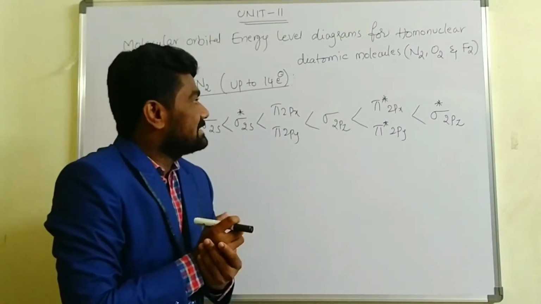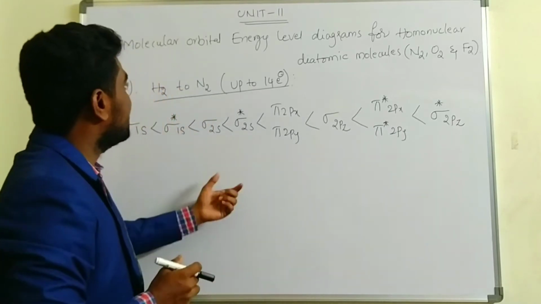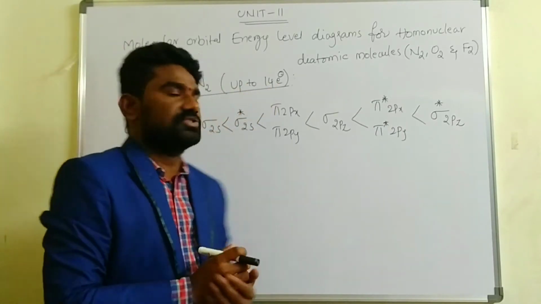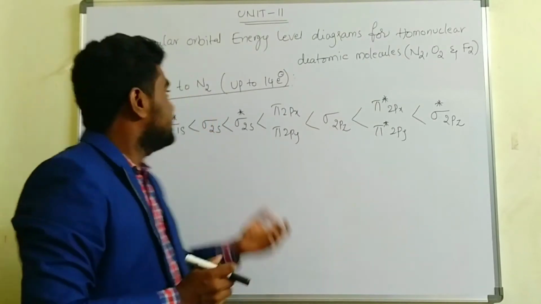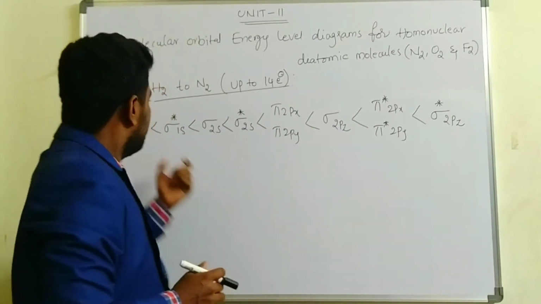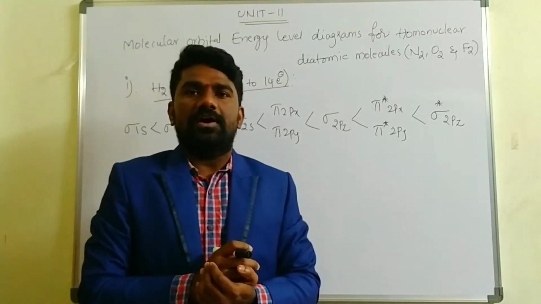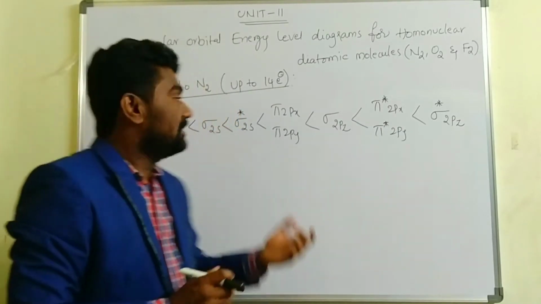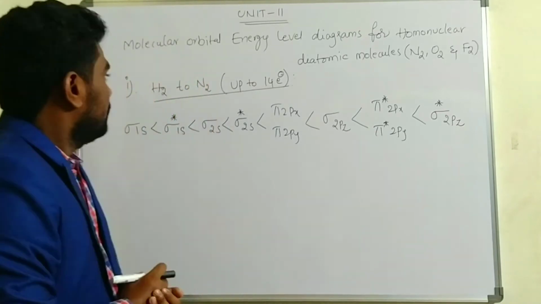Now this is the relative energy order sequence for molecular orbitals with up to 14 electrons, that is hydrogen to nitrogen molecules. These molecules have this type of relative energy increasing order.